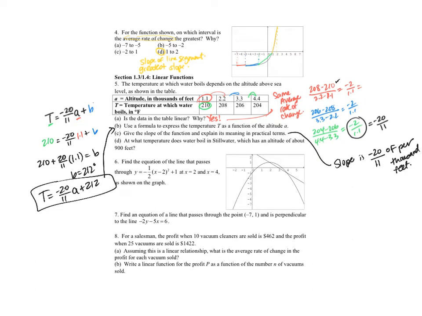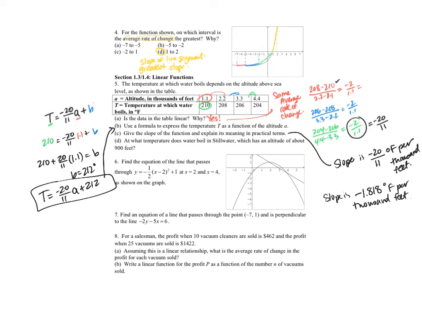Maybe it would be better if we wrote it out in decimal. So the slope is negative 1.818 degrees Fahrenheit per 1,000 feet.